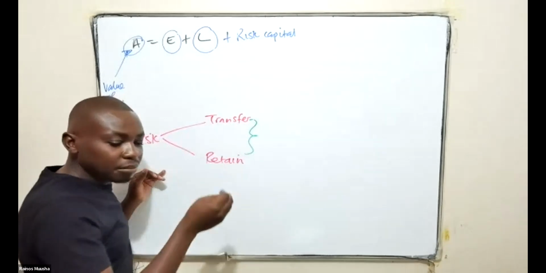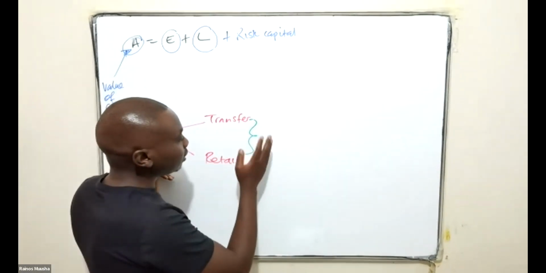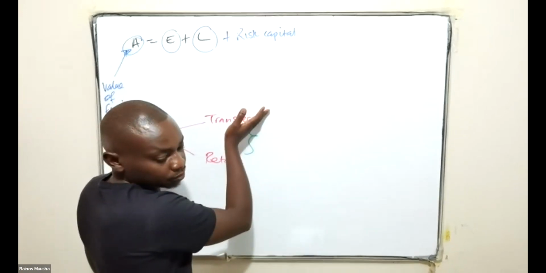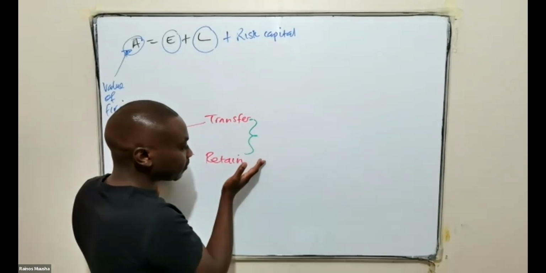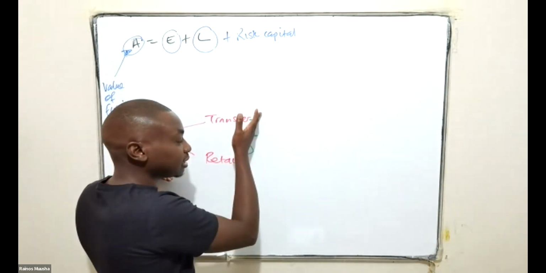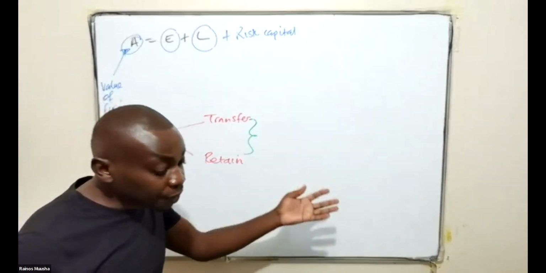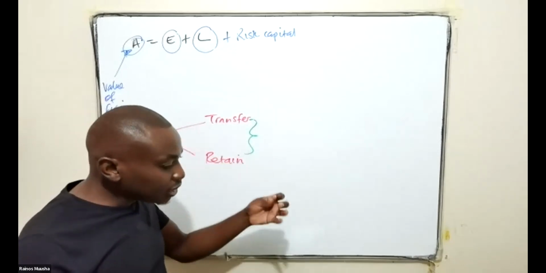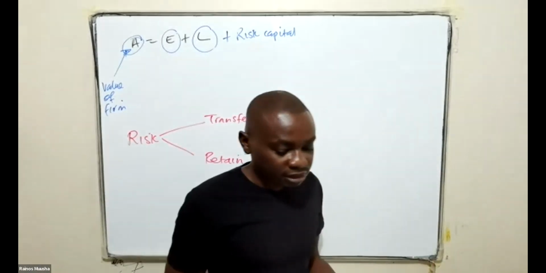There are other methods which are also used to transfer the risk, but not necessarily through the commercial route. There are other methods where you find yourself in between, where partly you are taking the risk and partly you are transferring the risk. But as you transfer the risk, you're not going the purely commercial insurance route where you just go and buy a particular insurance product.